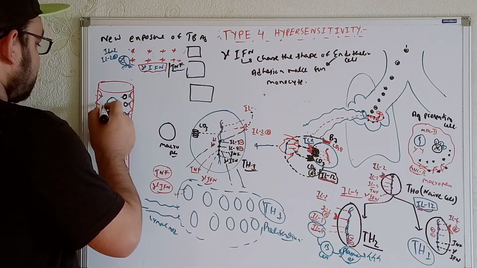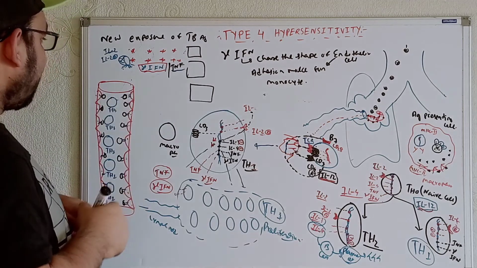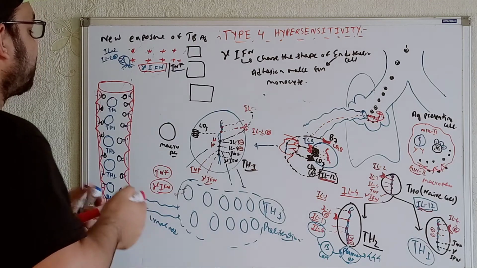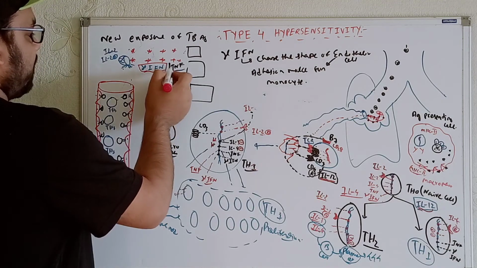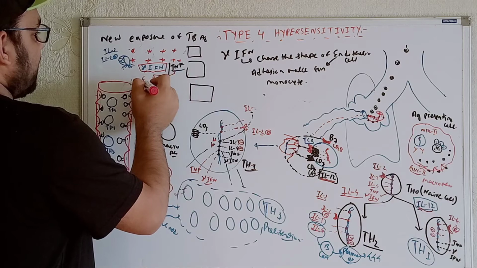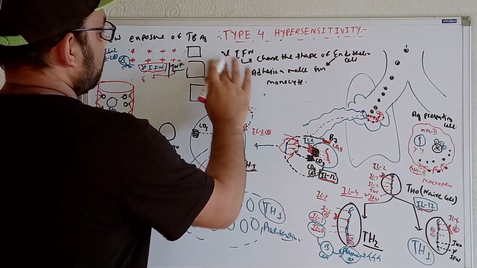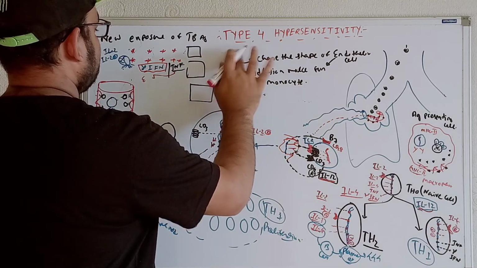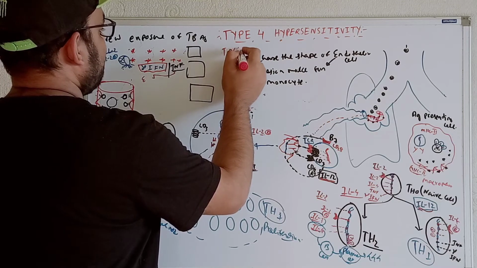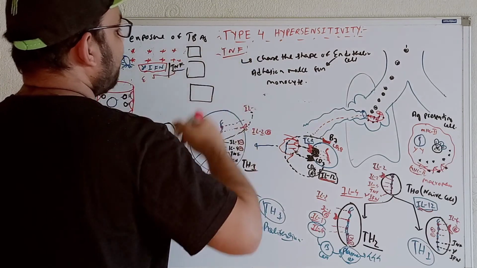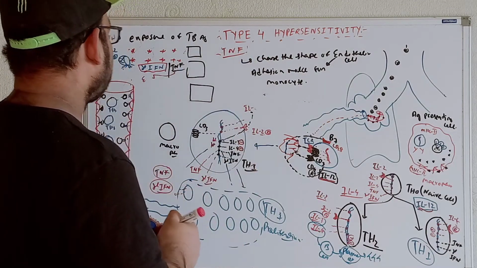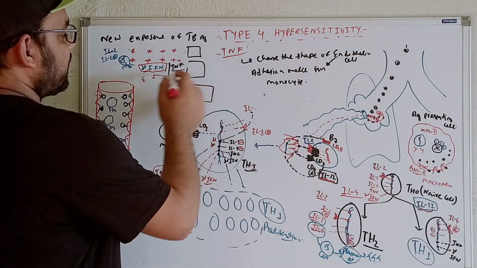Now another thing: the tumor necrosis factor can stimulate the endothelial cell. It can change the shape of the endothelial cells, because within the endothelial cells there is the receptor for the tumor necrosis factor.